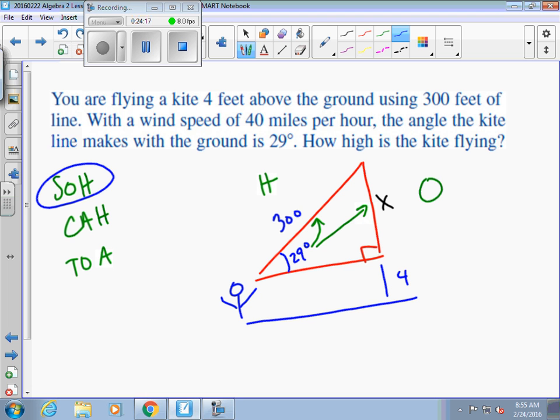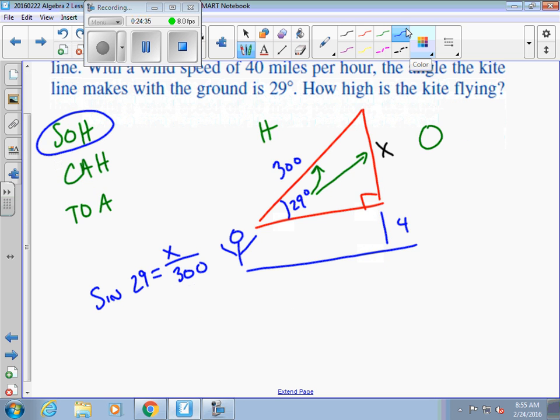So the sine of 29 degrees is equal to the opposite, in this case the height, x, over the hypotenuse, 300. So this is one of those formulas where it actually does help us to use the older trig formula, sine, because we only have to do one step algebraically. It says x divided by 300, you multiply by 300, and when you do it to the right side, do it to the left side.